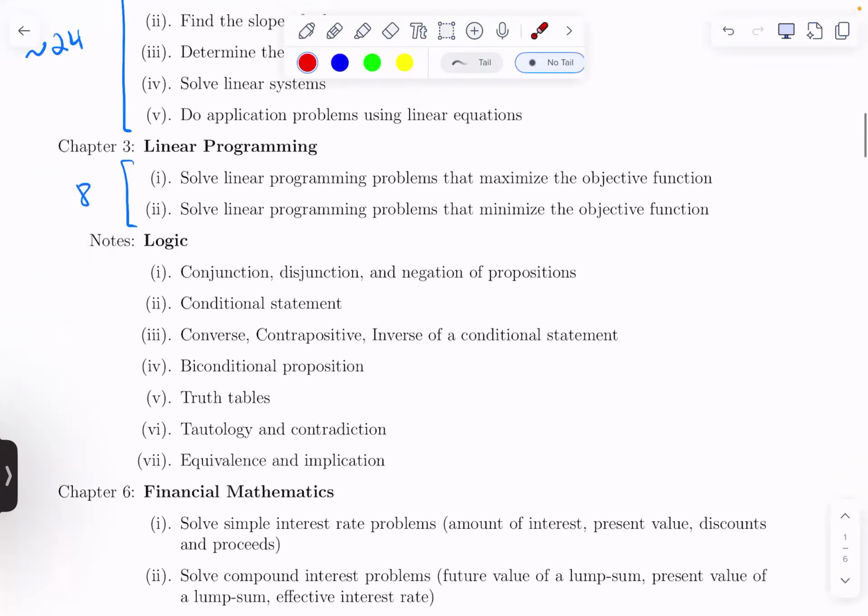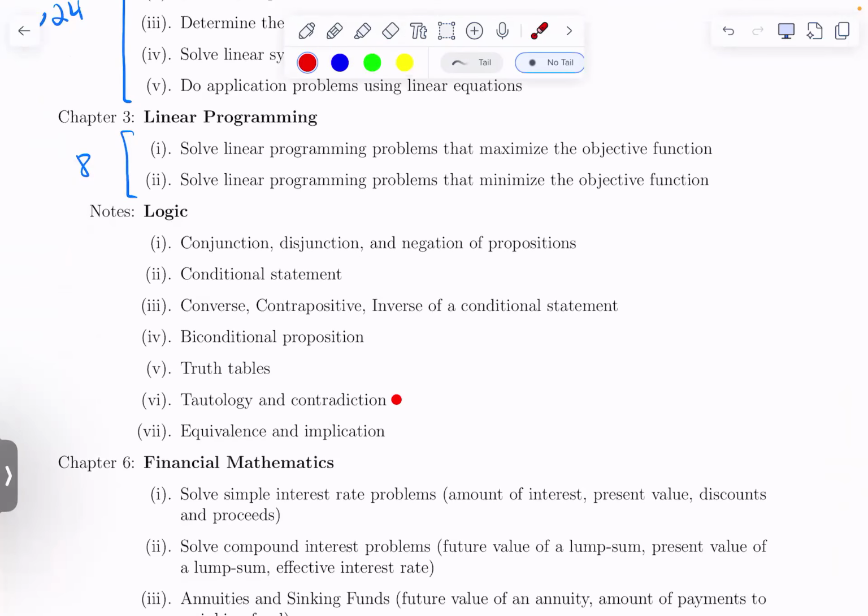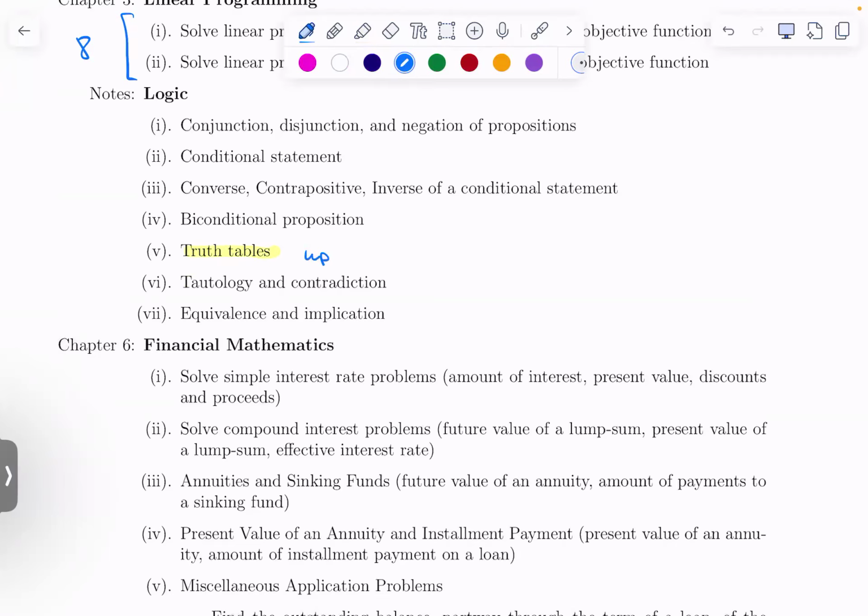Logic. That's what we were talking about, right? And so the tautology and contradiction and the equivalence and the implication, those are all from the truth tables, right? So there's kind of a lot riding on the truth table. And of course, I will make you do a truth table, and it can be up to and including, I'll be clear, and including 3 propositions, right?